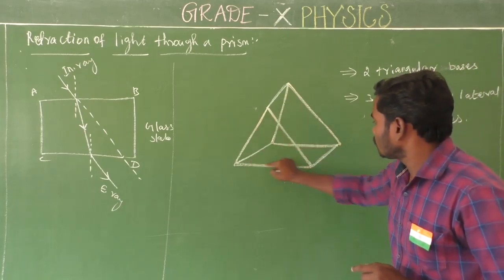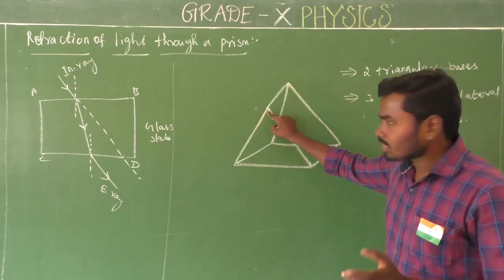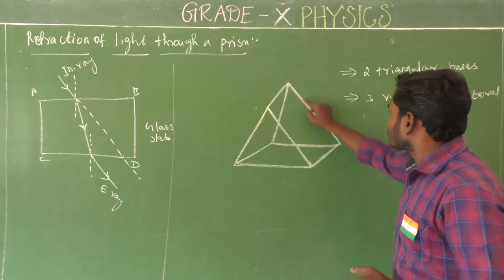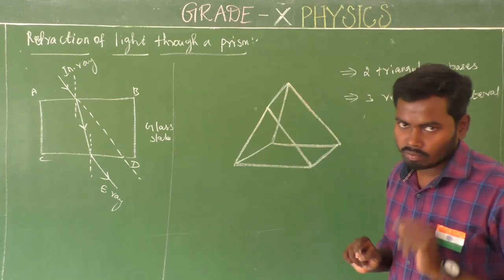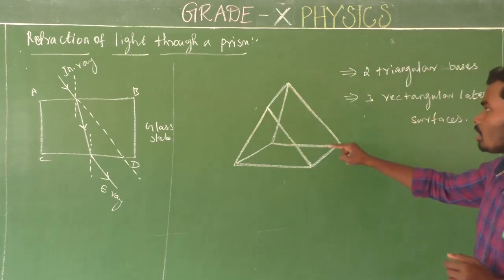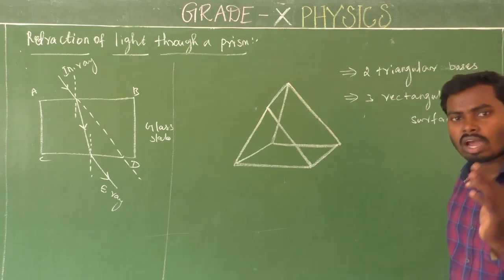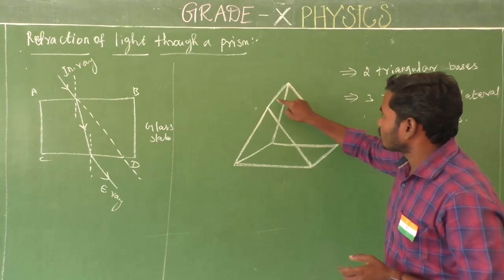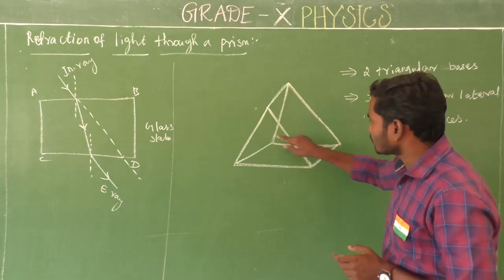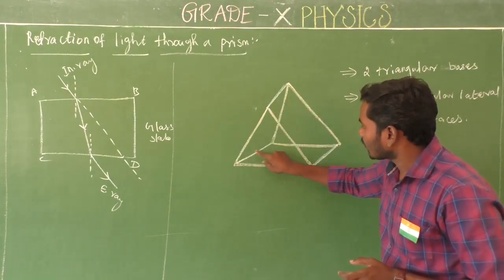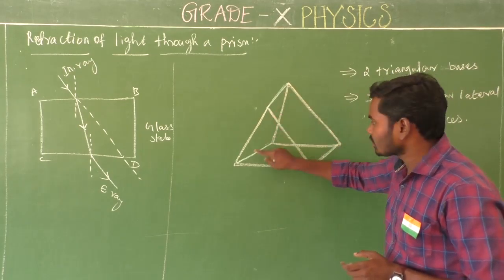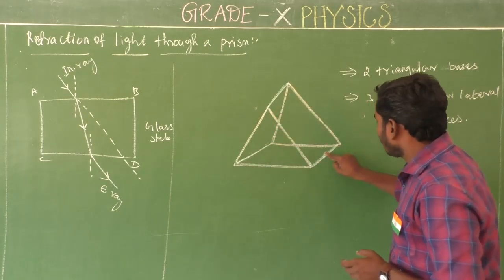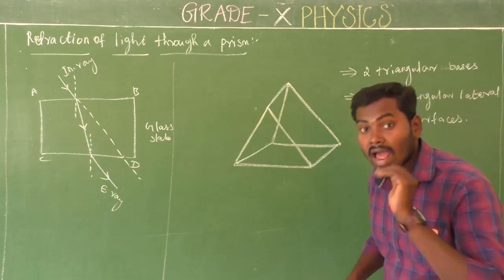This is one triangular base, and this is the second. Next, this glass prism has three rectangular lateral surfaces. This is the first, this is the second, and this is the third.